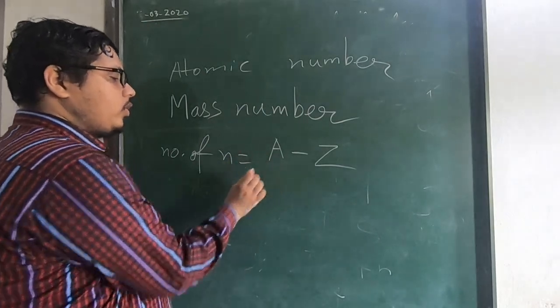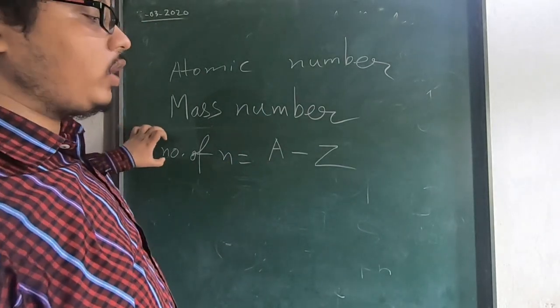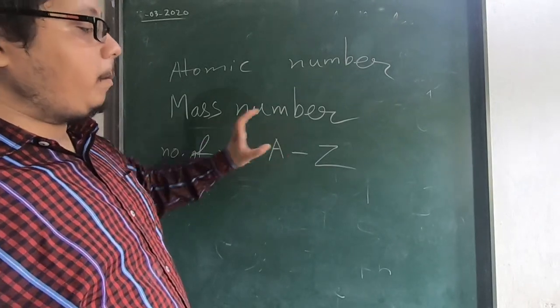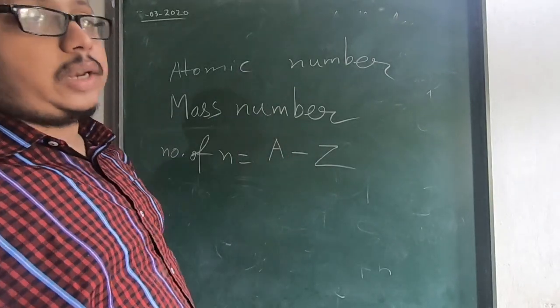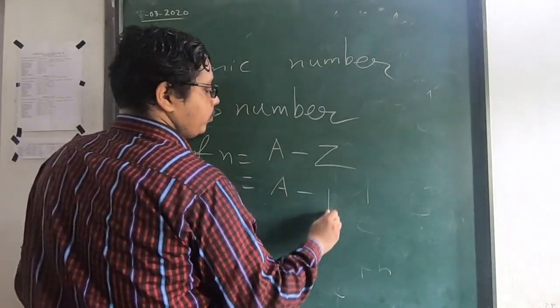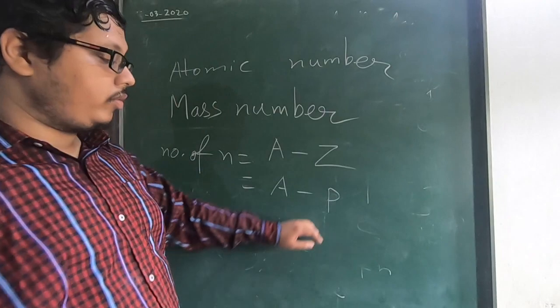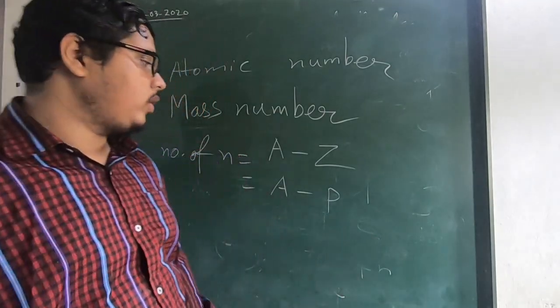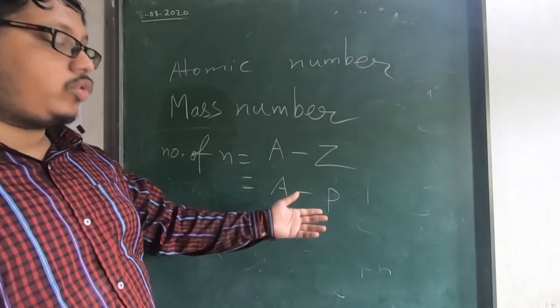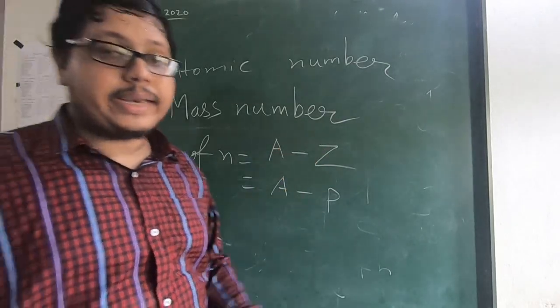Okay? If you want to find out number of neutrons, we take the mass number and minus from it the atomic number. We can write it like this also: mass number minus number of protons, because number of protons is also equal to the atomic number. Is it not?